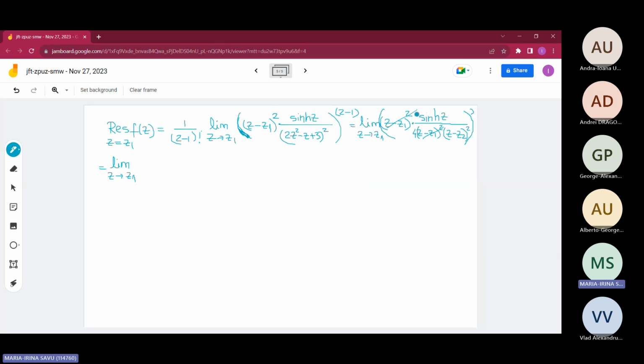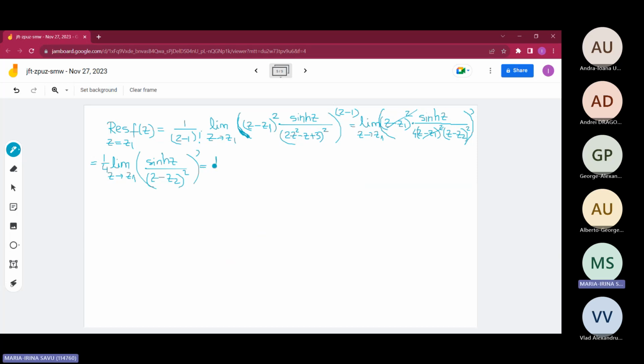And know that if you have a constant times a function and you compute the derivative of this function, then the constant will come in front of the function and in front of the limit too. So I'm going to write 1 over 4 times the limit when z goes to z1 of the derivative of hyperbolic sine of z over (z minus z2) squared. Now let's compute this derivative.